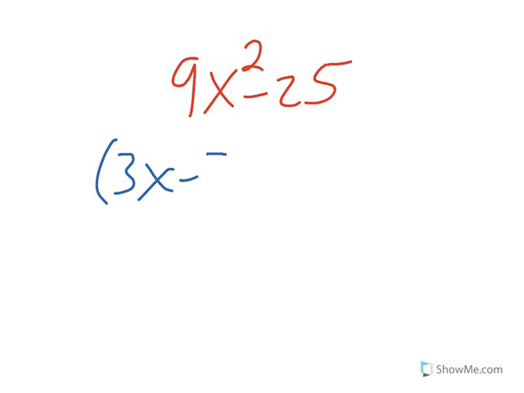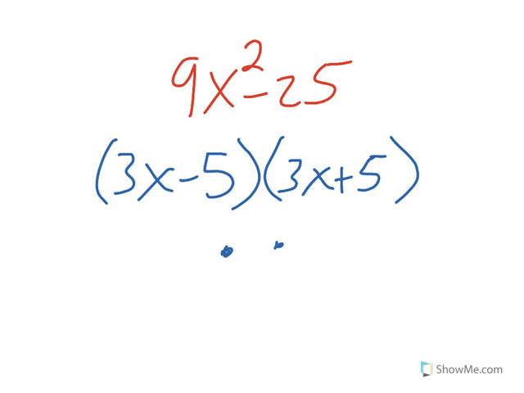So pause the video right about now and do this problem. Alright, you should have paused it, and you should have gotten this as your answer. Alright, now that you have that as your answer, you know what to do.